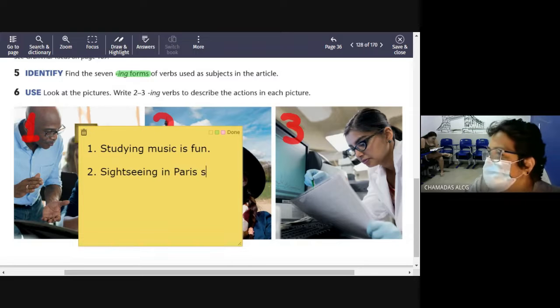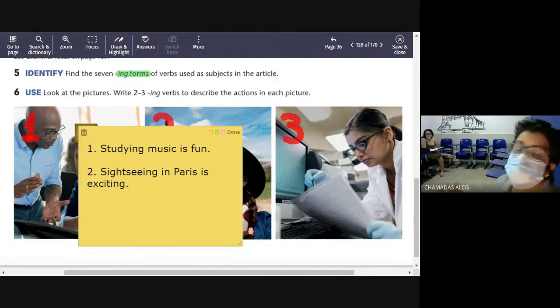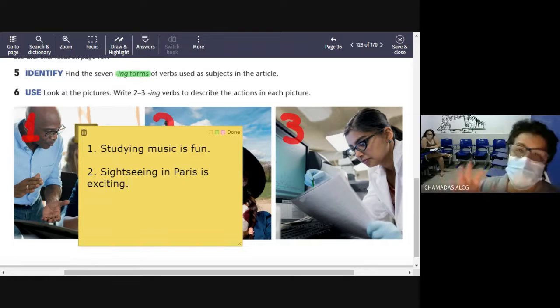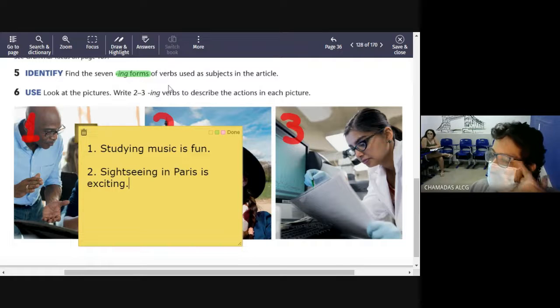Instead of saying is fun, we can say is exciting. Okay? All right? This is now our opinion about the picture. Okay, guys? We are just talking about now. We are not describing anymore. We described already before, okay? Sightseeing in Paris is exciting.